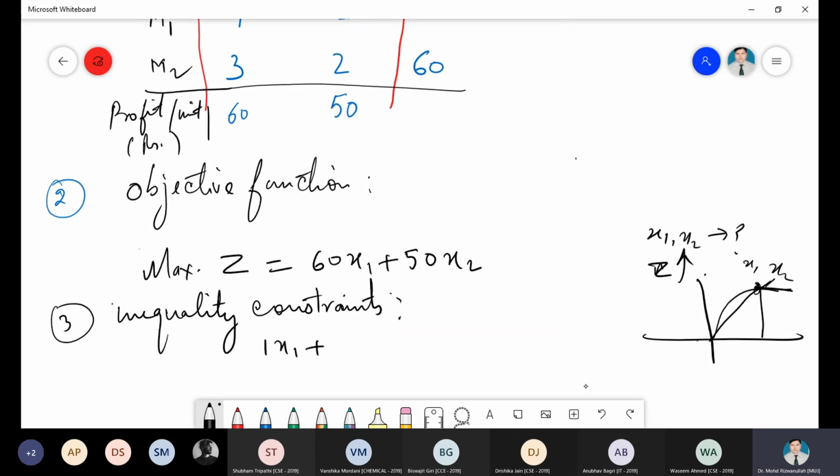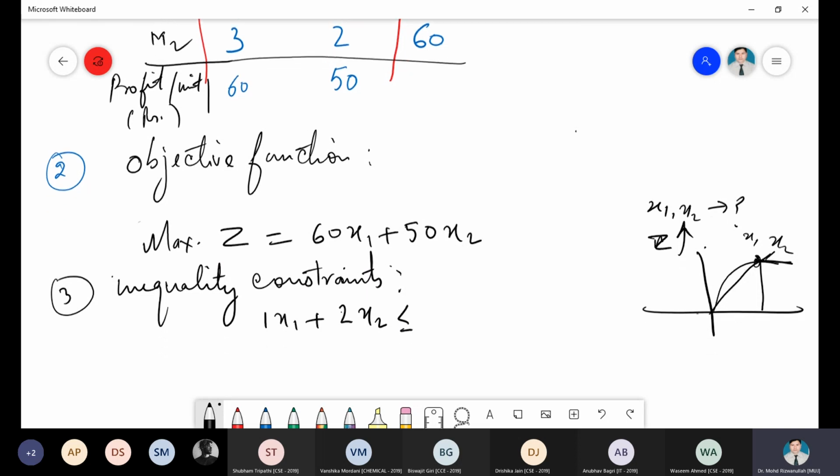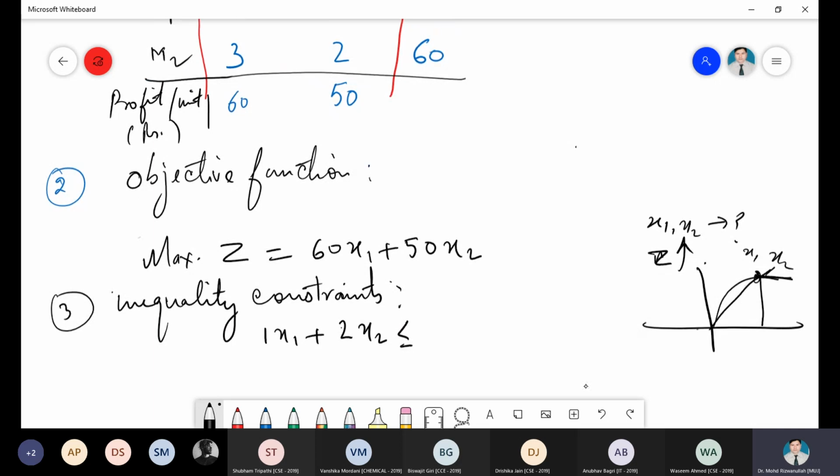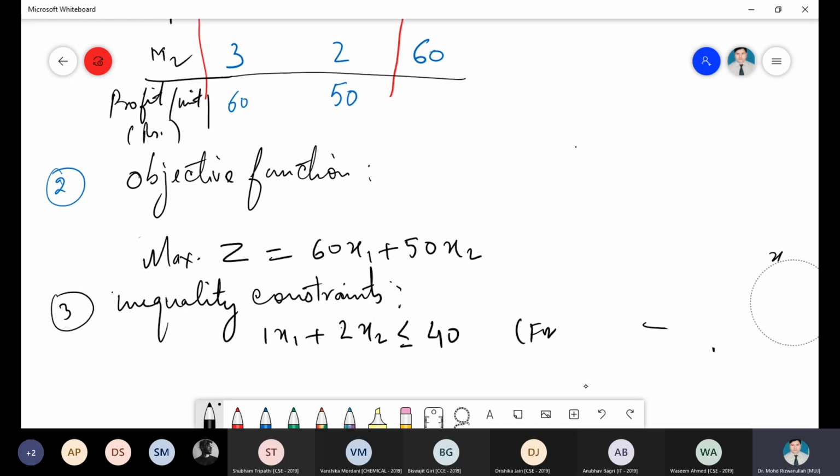1x1 plus 2x2, this is the total time constraint, and this must be less than or equal to 40 hours. This is called the M1 constraint, for machine M1.